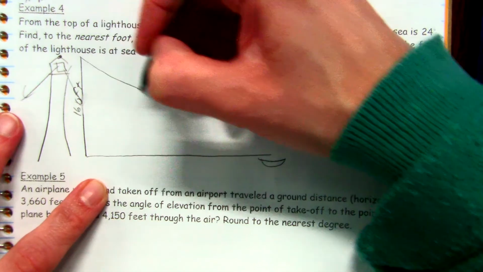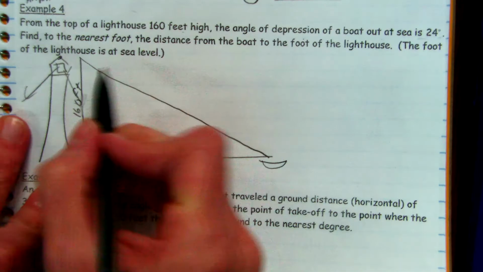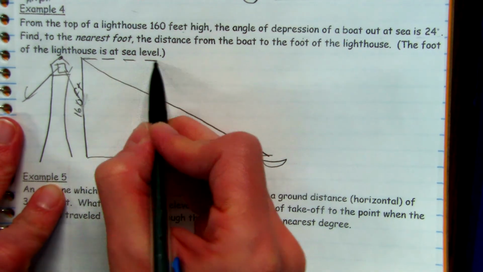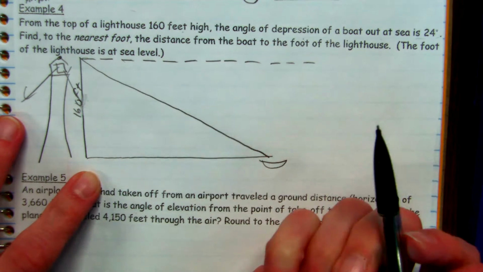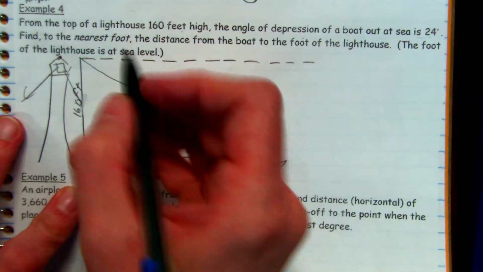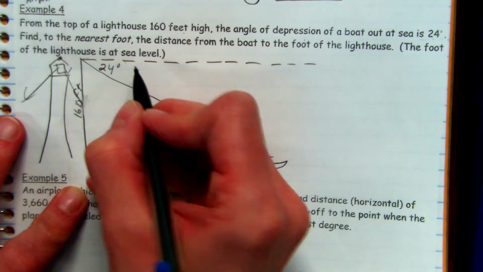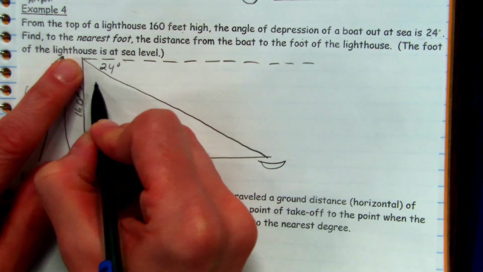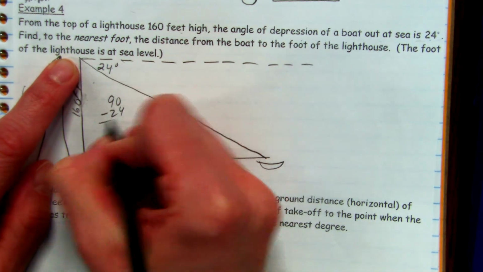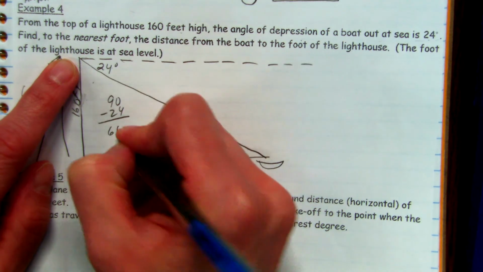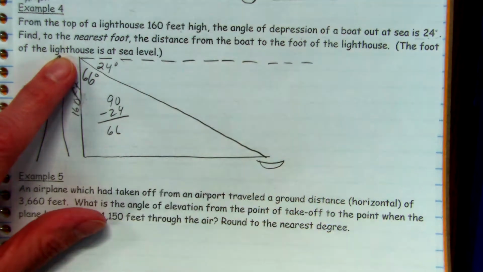If we draw our little triangle, remember that the angle of depression is actually going to be out here. You draw this little pretend horizontal line. And that angle of depression, 24 degrees, actually goes here. So let's figure out what's in here before we read the rest of it. 90 minus 24 is 66. So it's actually 66 degrees inside the triangle.